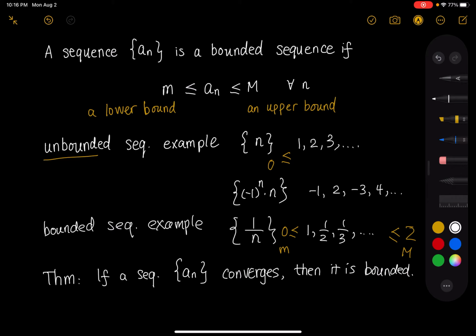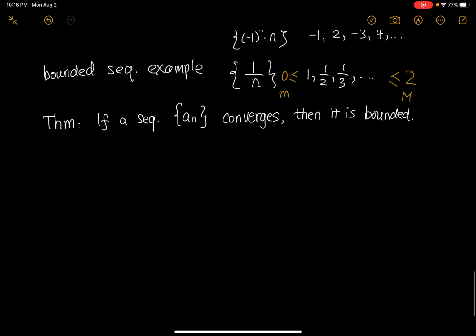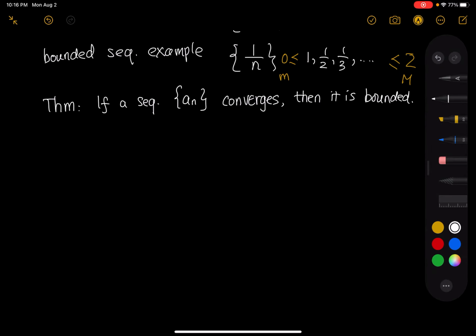We are not going to prove this. The proof of this, you will learn about it if you take advanced calculus. It's for pure math majors. But before then, we're not required to prove that. I'll give you the idea of the proof though.